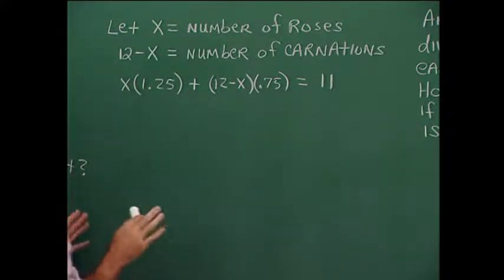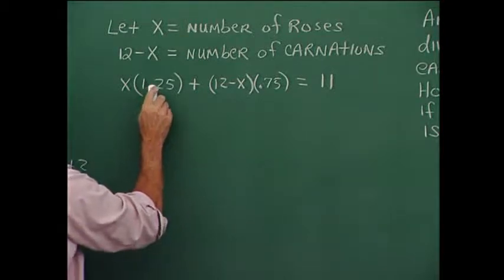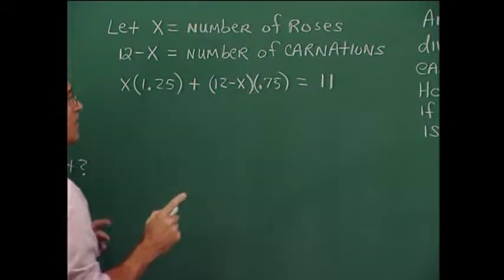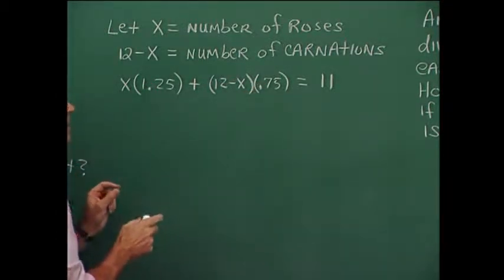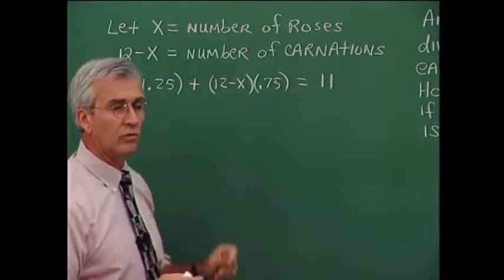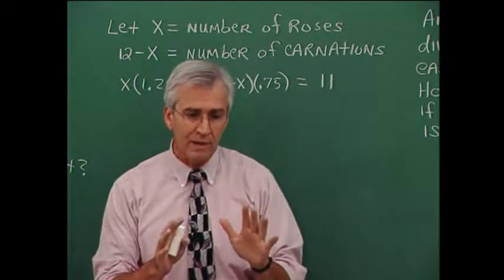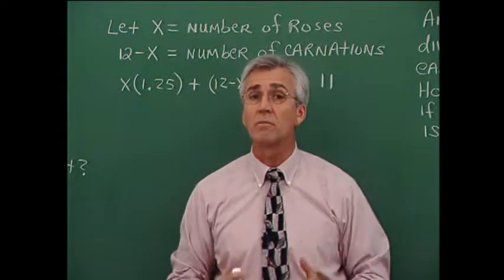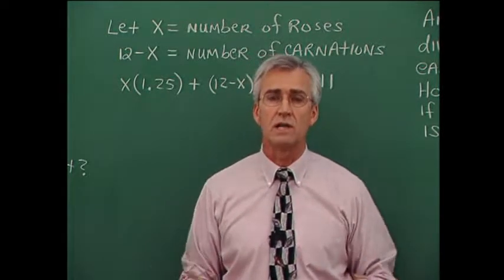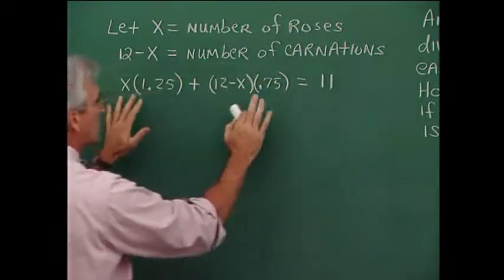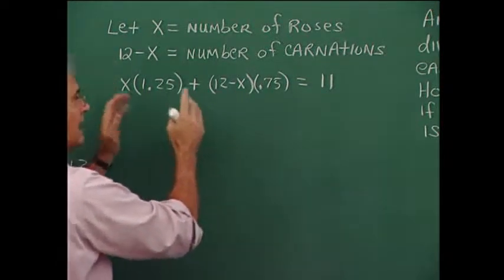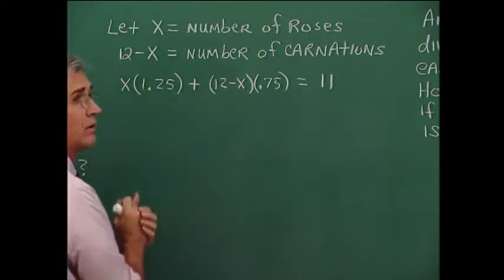Now, a technique that's used a lot of times in problems involving mixture is to clear the decimals early on in the solution process. It's part of the simplification of the overall equation. Now, I could clear these decimals by just marching through and multiplying each term by 100.